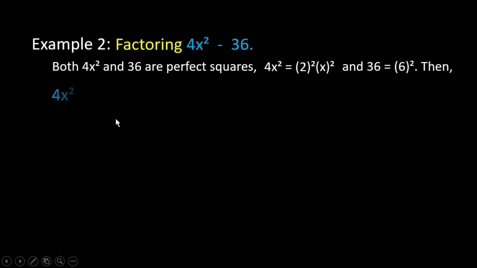Then, yung 4x squared minus 36 ay pwede natin isulat ng ganito. Ito siya, guys, yung 4x squared ay 2 squared saka x to the 2 or x squared. Tapos yung 36 ay isusulat natin ng 6 squared.